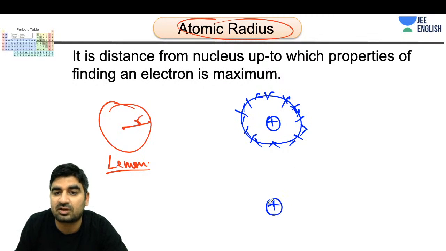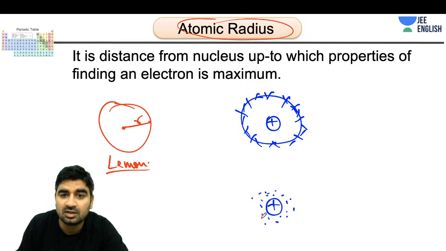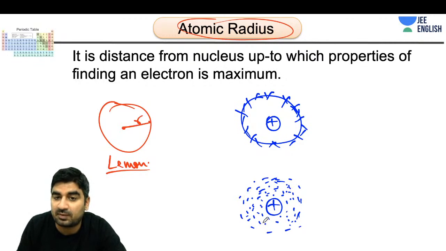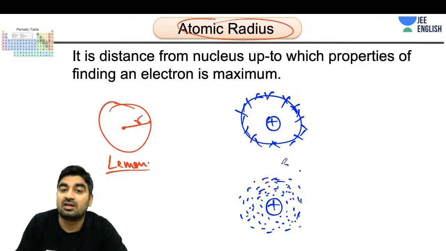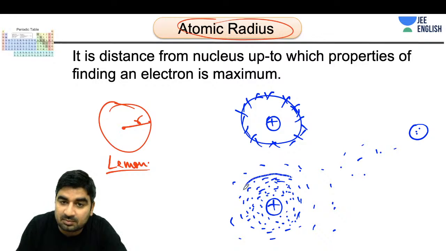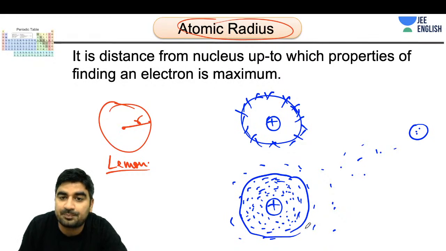Suppose this is the nucleus, and we have electrons. We plot electrons in terms of electron density. Suppose here electron density is high, so at this point the probability of finding an electron is maximum. An electron can even be found at a very far away distance, but up to this point the probability is maximum, so I will say this is the radius.